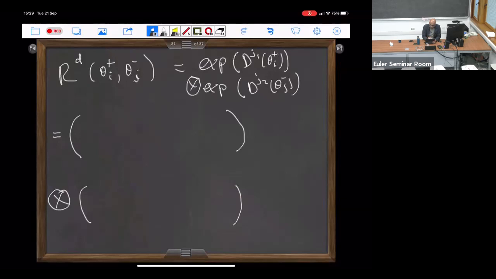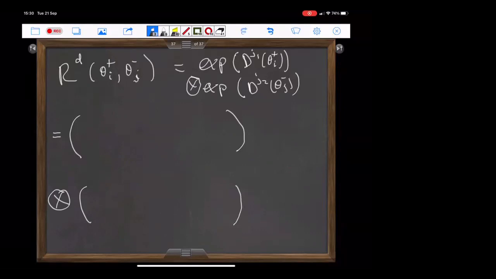So what's the first term in the exponential expansion of the first factor? I'm asking you guys. Yeah, like the identity plus.